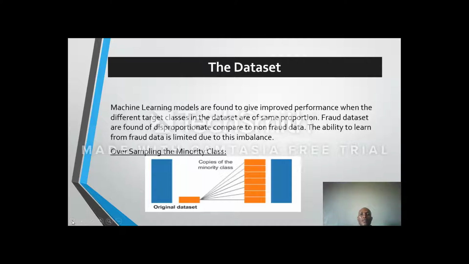So in order for us to make this balance, the target class of fraud and the target class of non-fraud transactions need to be close to the same thing. They should be close to 50-50.